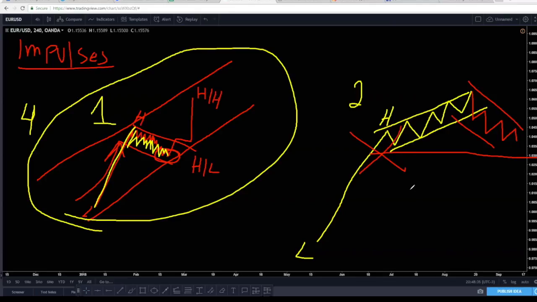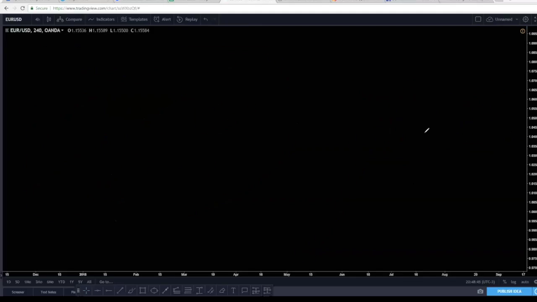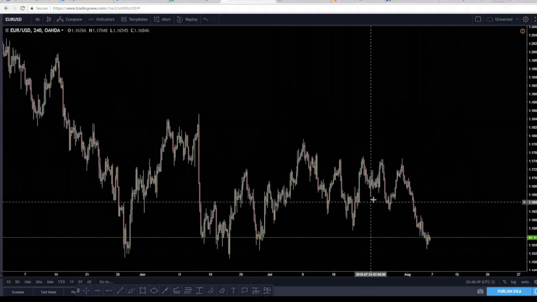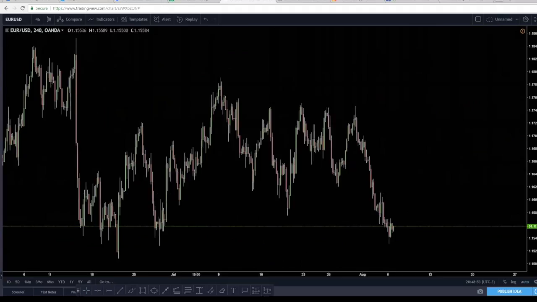Yes. Now, the reason why this is called a reversal pattern and it's not called a trend is for one reason. Different time frames will cause you to be subjected on the viewpoint. Let me give you an example.